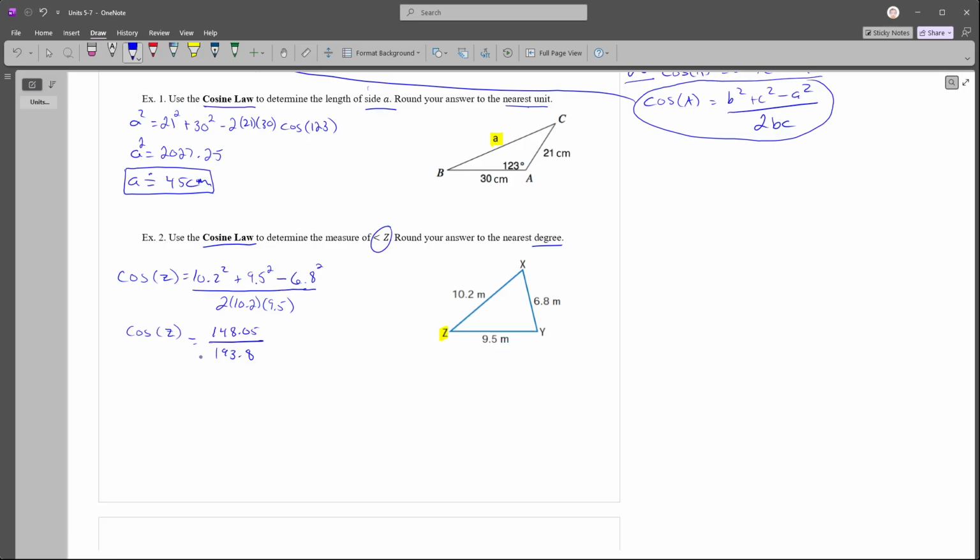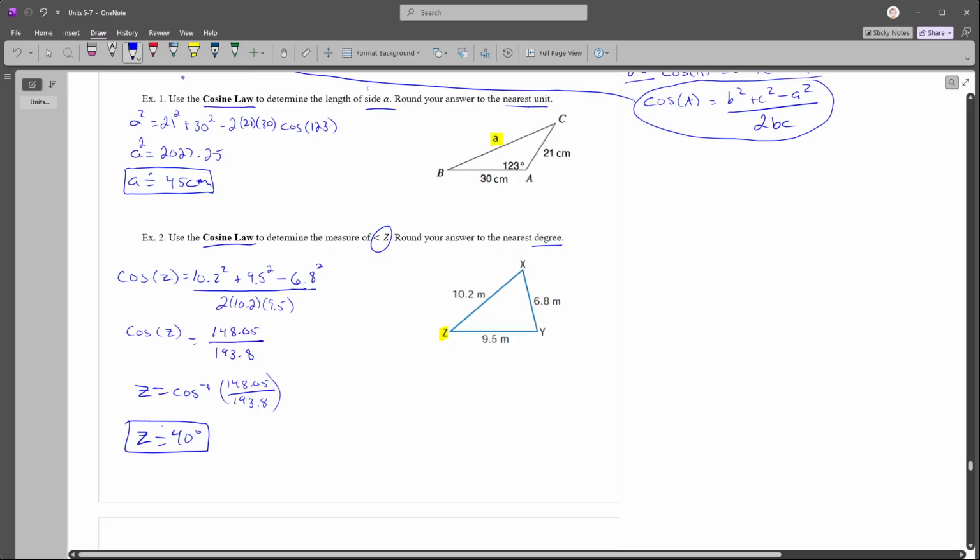Now remember, we're trying to find Z. So Z is going to be equal to the cos inverse of the same thing. There we go. And when all said and done, Z is going to be approximately equal to 40 degrees. And that's the whole thing. So we either have SAS for a side length or SSS for an actual angle.